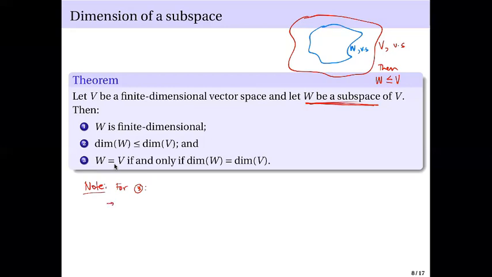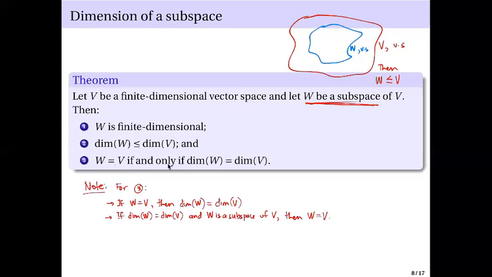If W equals V, then dimension of W equals dimension of V. And for the other direction, if dimension of W equals dimension of V, take note of this additional condition, and W is a subspace of V, then W equals V.